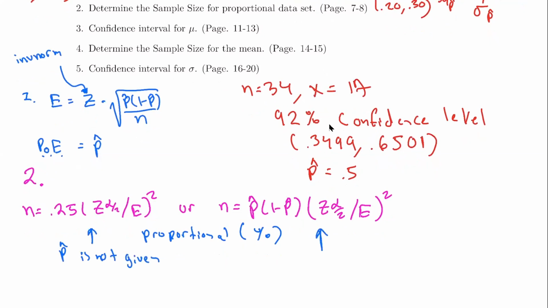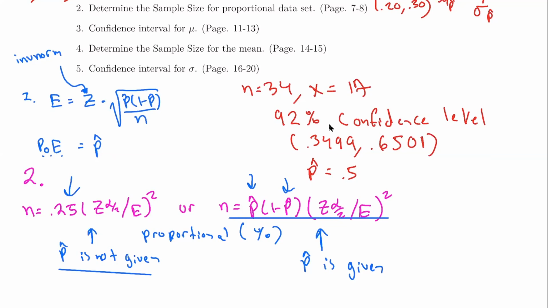And in this one, p hat is given. If p hat is given to you, you want to use this formula over here, because it has p hat. But if p hat is not given, essentially on the front you put 0.25.